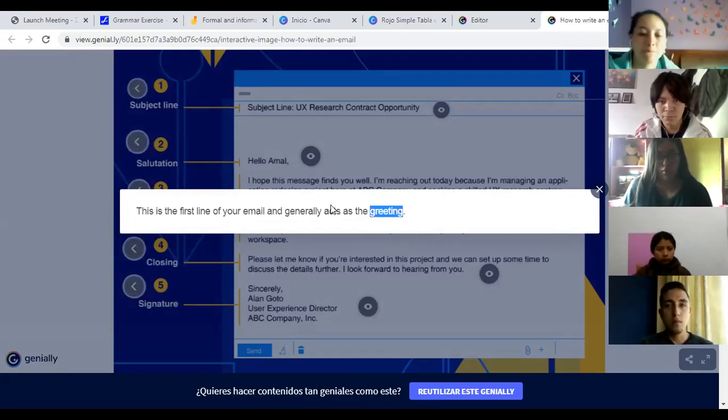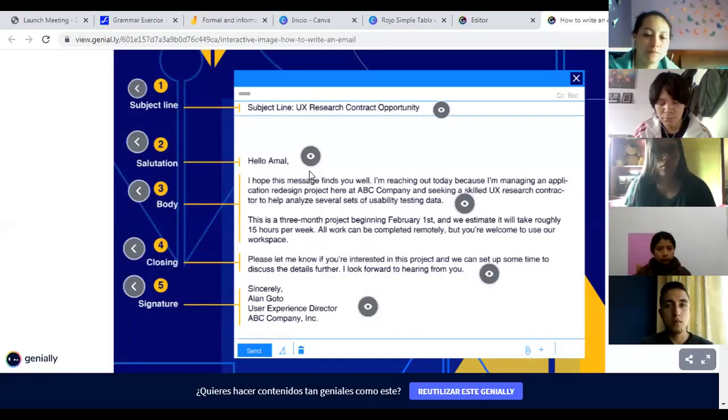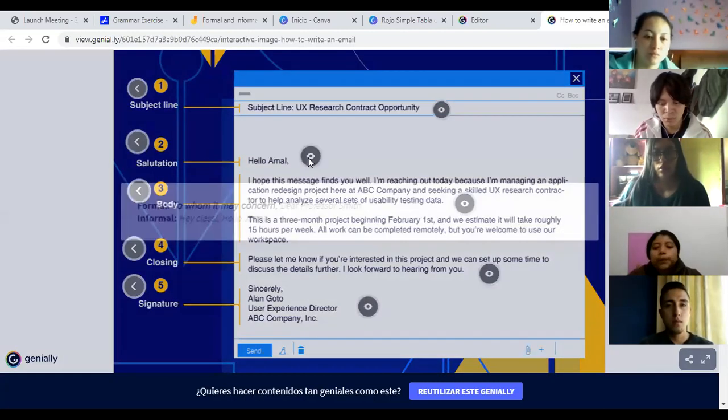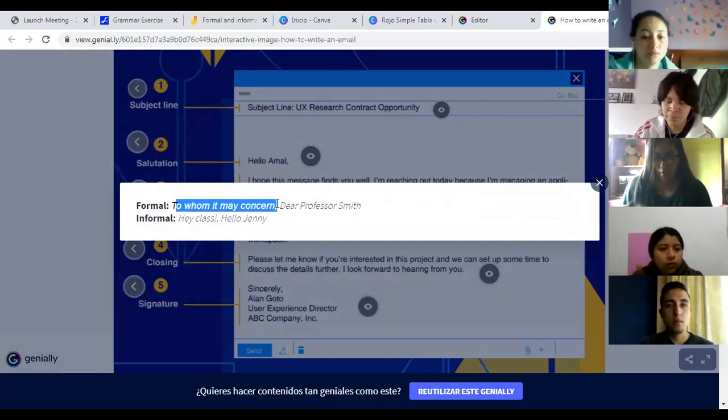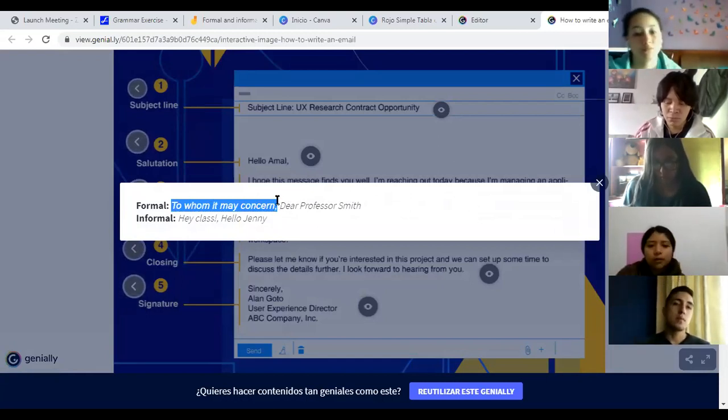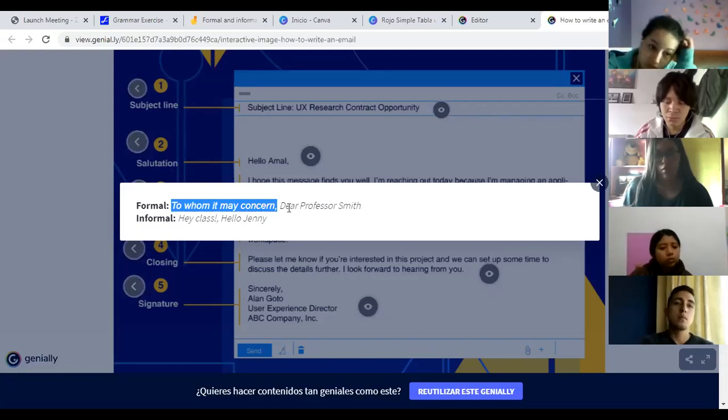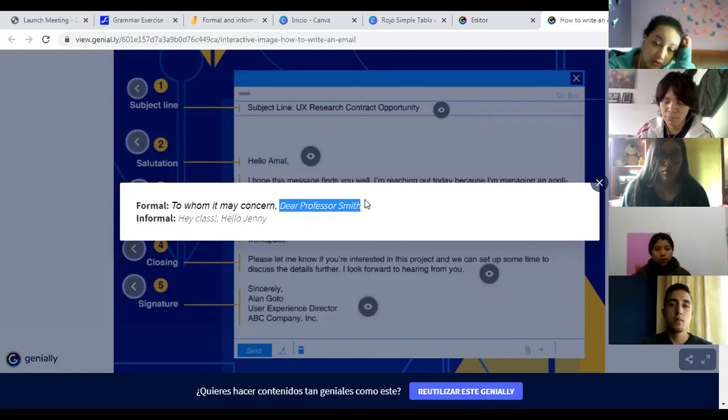So it's like hello, but it has different approaches, because formal, as I told you, has very advanced vocabulary. Here we have an example. To whom it may concern. This is very formal. Or dear Professor Smith, also formal. The other way around, informal is like, hey class, or hello Jenny.